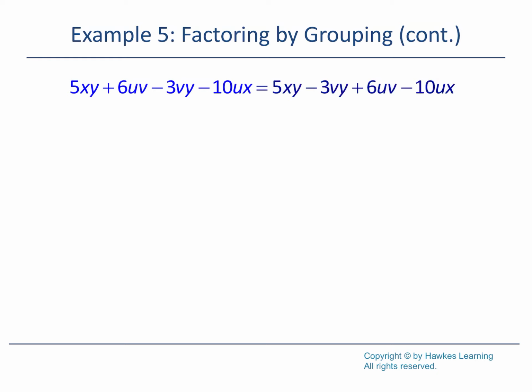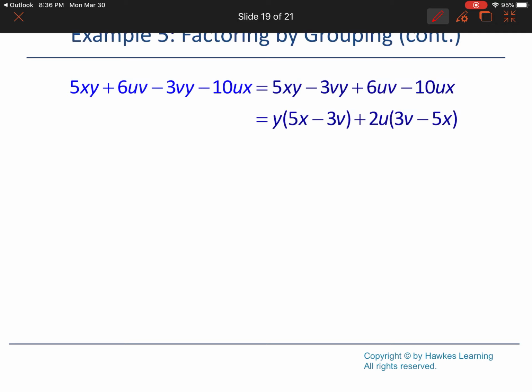They rearranged by putting that negative 3vy here. That's perfectly fine. And then we can go ahead and group. But you need to have something in common. And it worked the same, right? In the one we just did in the box, we were factoring an x out first, but that's okay. The x is going to be in the one that's left, right? The x is going to be in here.